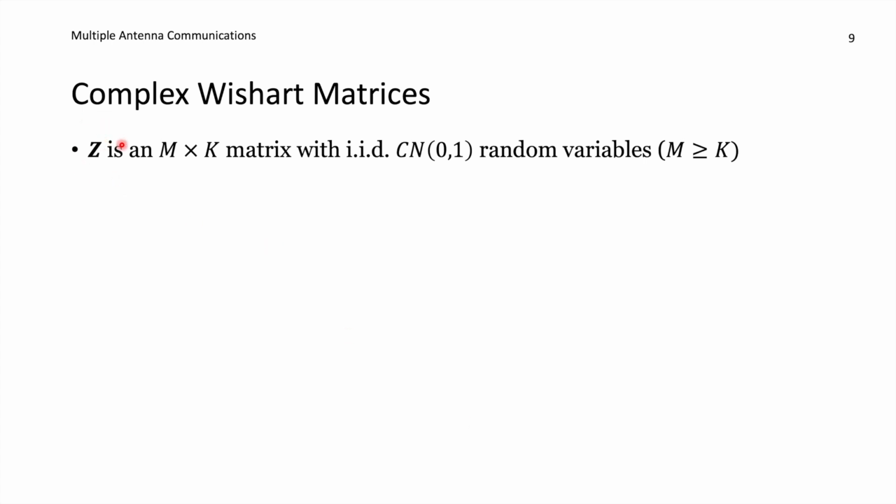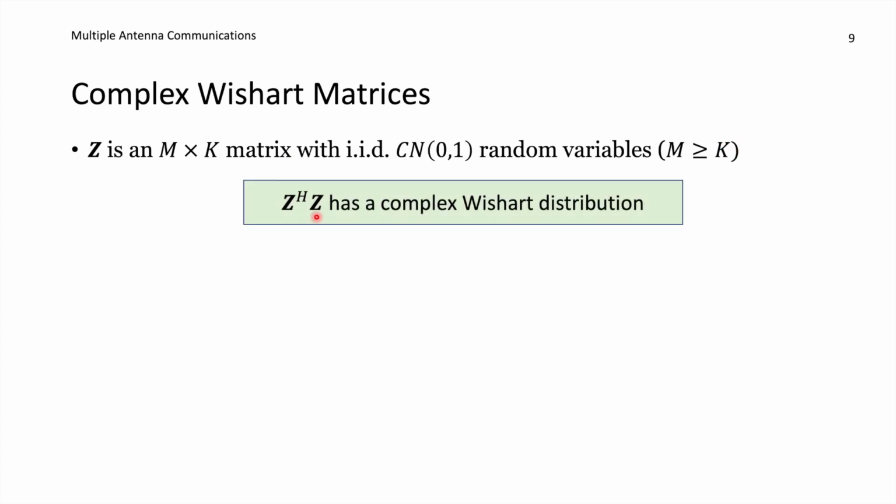If Z is an M by K matrix with IID complex Gaussian random variables with variance 1, and M is greater than K, then if we take Z Hermitian and multiply with Z, we get what is known as a complex Wishart distribution, and we also say that this is a complex Wishart matrix.